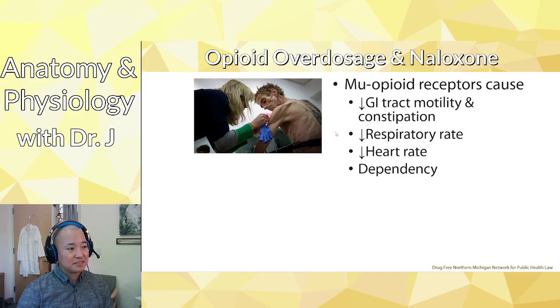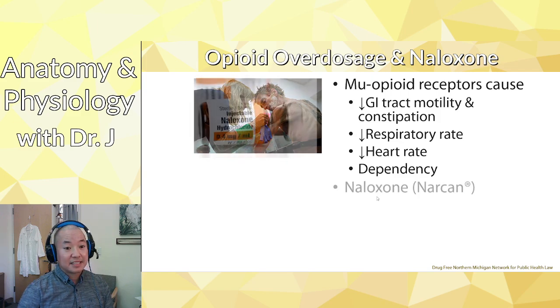That's why it also has addictions. But if someone takes too much of these opioids, what happens? Their heart rate could slow down so much that their heart can't pump enough blood to where it needs to be, or they could slow down so much that they stop breathing altogether. So that's why this is a very bad epidemic and a deadly epidemic.